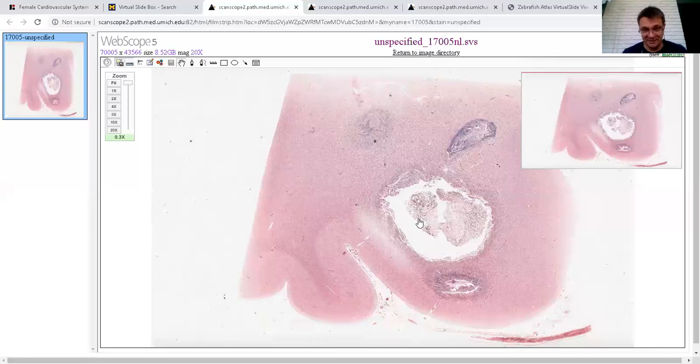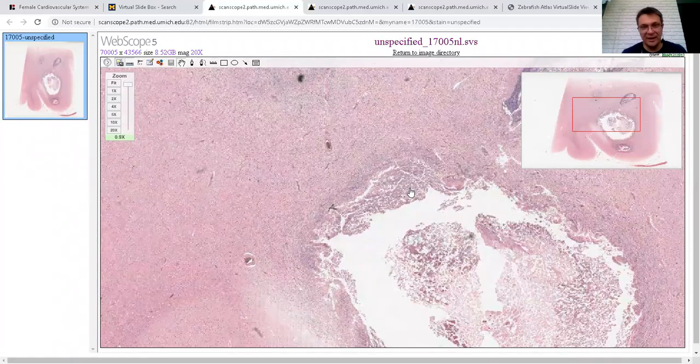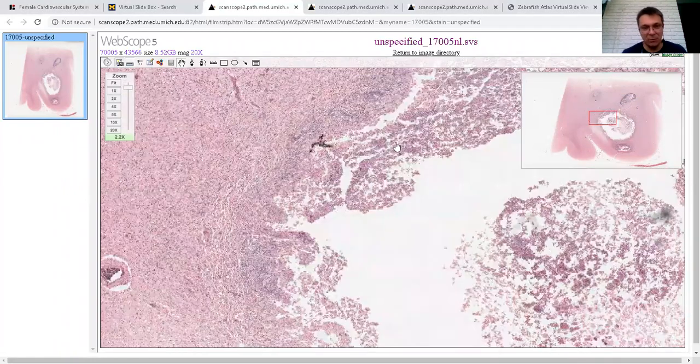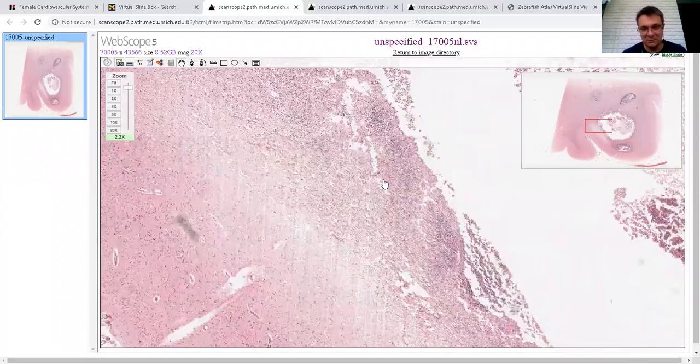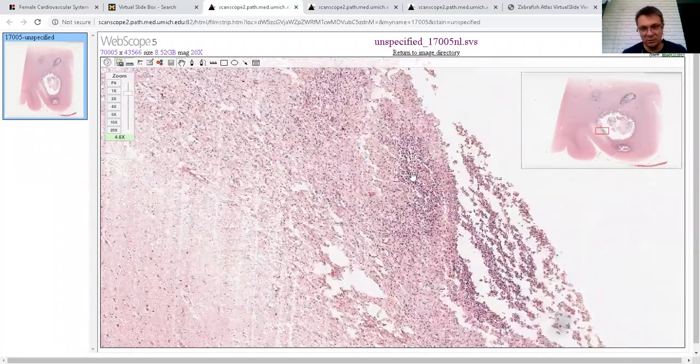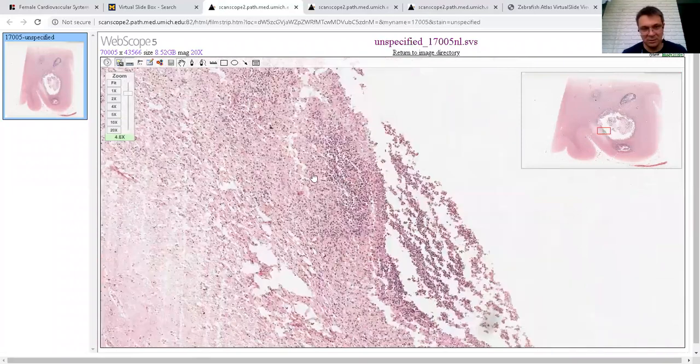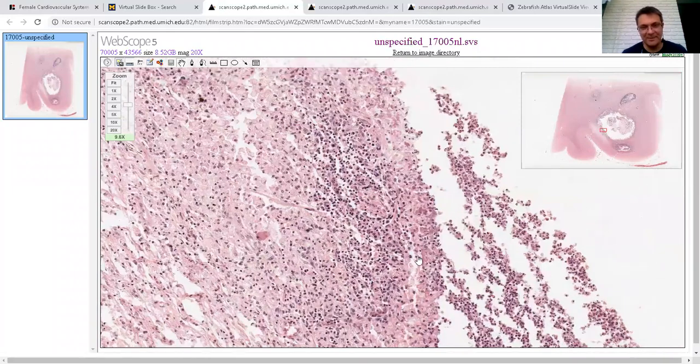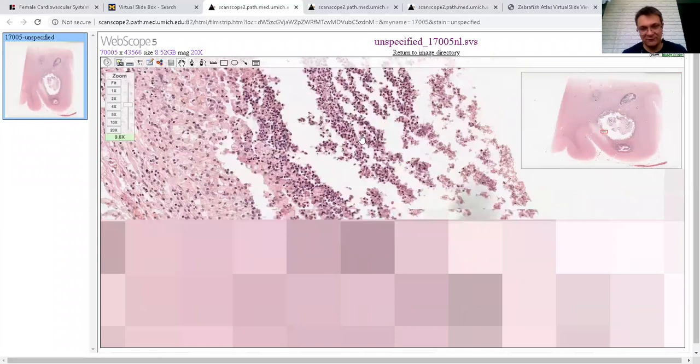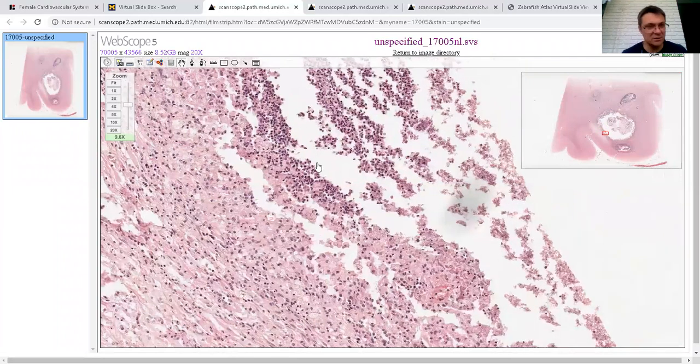So what is the abscess? Abscess is the accumulation of the neutrophils. So look here, on the higher magnification, you see the wall of this abscess, and this wall comprises plenty of neutrophils.